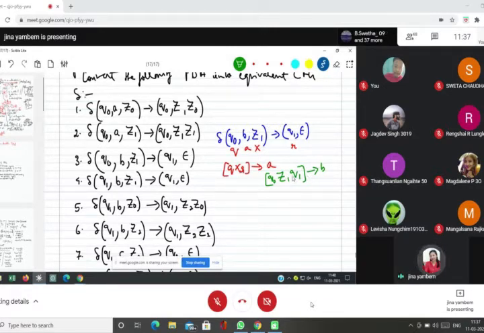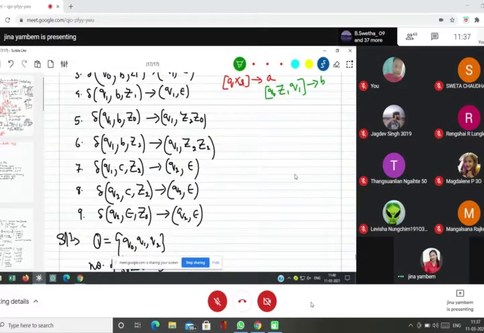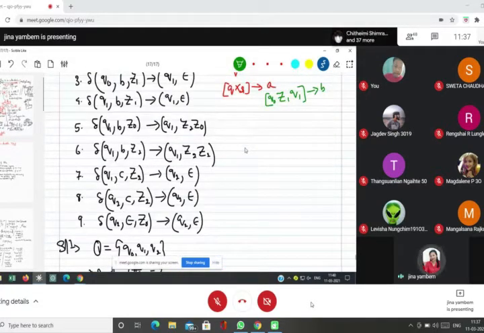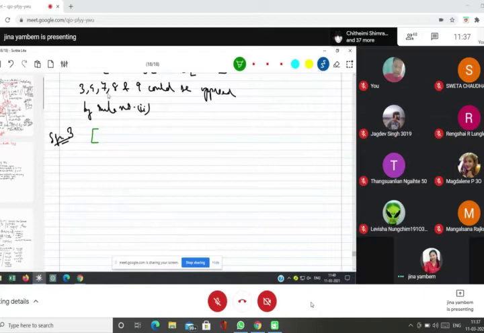So Q naught Z1 Q1 replaceable by B. This is transition function number 3, inserted as one of the production rules of the required context-free grammar using rule number 2.